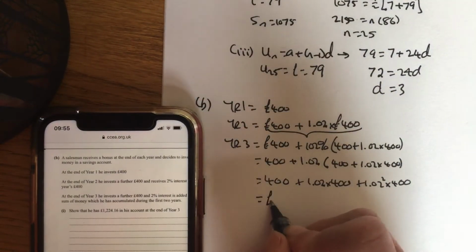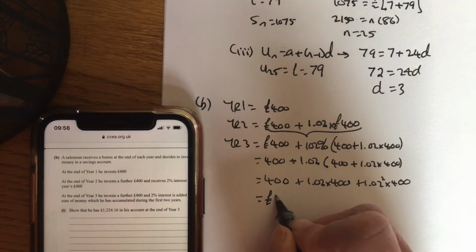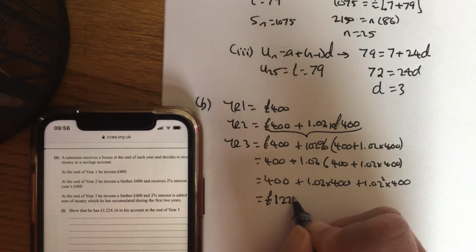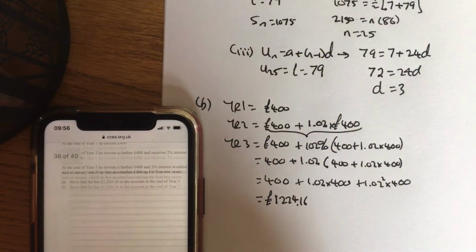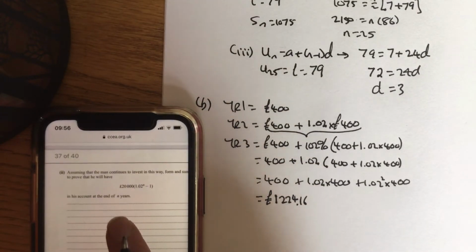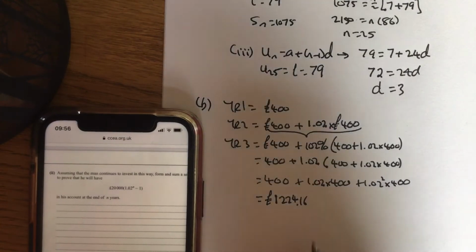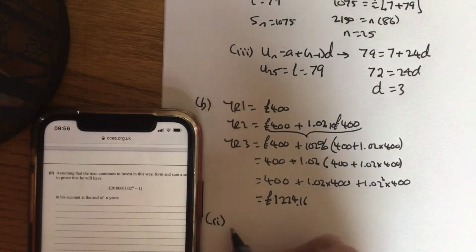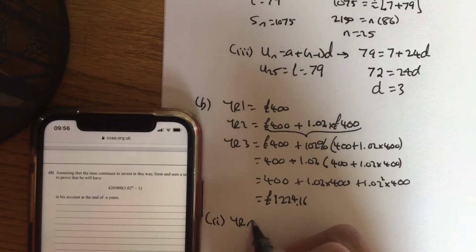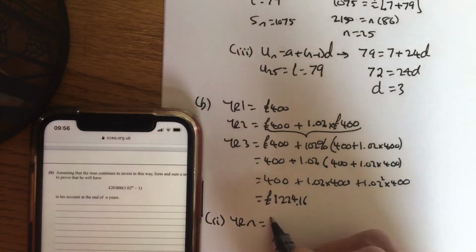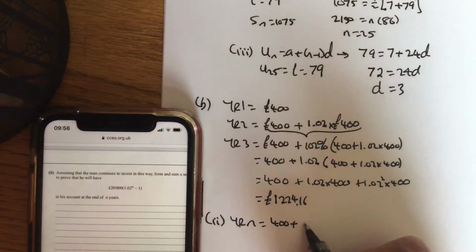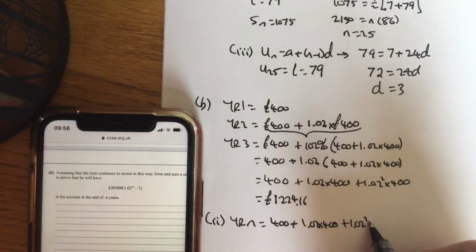If you just work that out on your calculator, you should get the answer there, 1224.16. Part 2 now is assuming that he continues to invest this way, prove this. Now, let's have a look at our pattern that's going on here. Year n: 400 plus 1.02 times 400 plus 1.02 squared times 400.